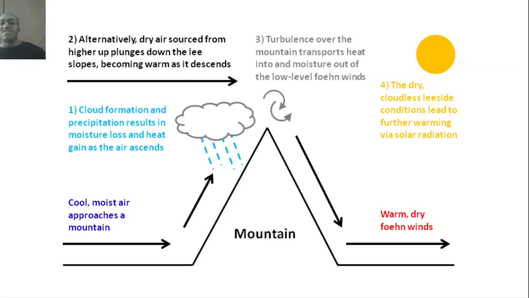And typically at the top of a mountain, because of those lee wave patterns, you tend to get turbulence where air rotates and moves along in quite a changeable pattern as moisture and heat gets transferred out of those winds into energy. And as those winds approach the other side, they flow downward and gain temperature and strength, and so you end up with really warm, dry winds.